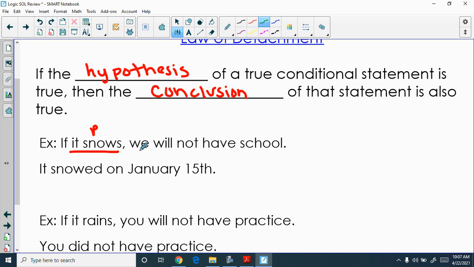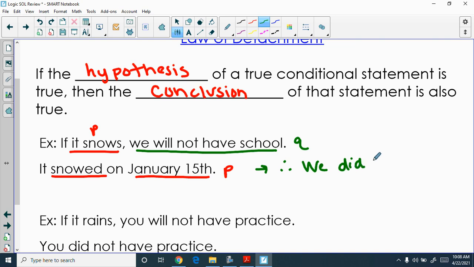We will not have school is going to be my Q, even though I didn't put the word then in there. It snowed on January 15th. So we know that it snowed on January 15th, which was our P. So then we can assume the Q. So we can assume now our conclusion. So therefore, we did not have school on January 15th.